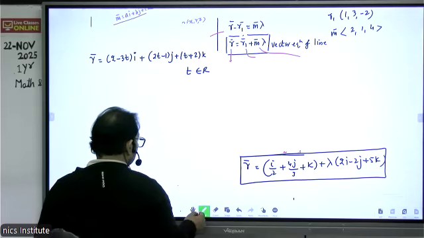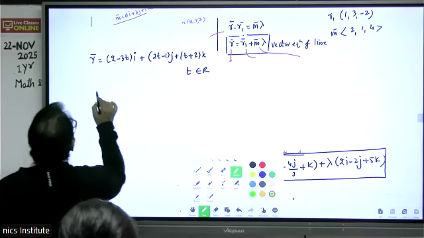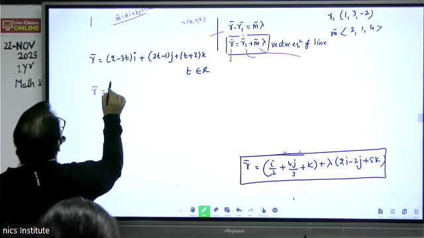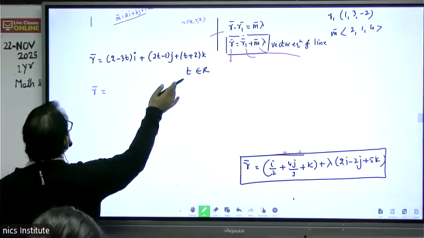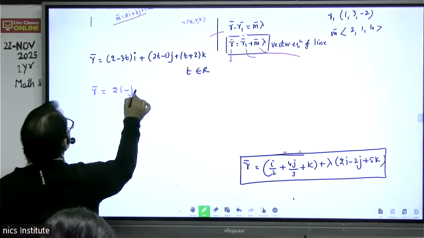मतलब constant term को अलग से कर लो. मेरा हो गया. नहीं सर, अभी कर रही हूँ. Open करके t वाली term अलग कर, separate, and the other term separate. So it will be 2i minus j plus 2k.